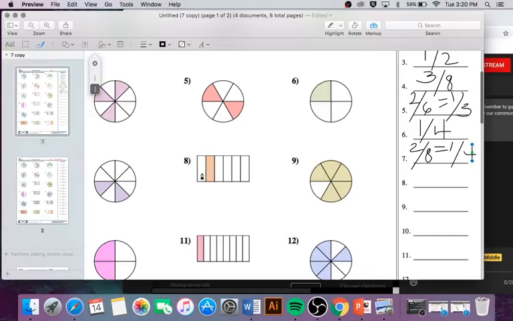Number 8, we have 1, 2, 3, 4, 5, 6 parts in our whole. And we have 1 part shaded in, so our fraction is 1/6.